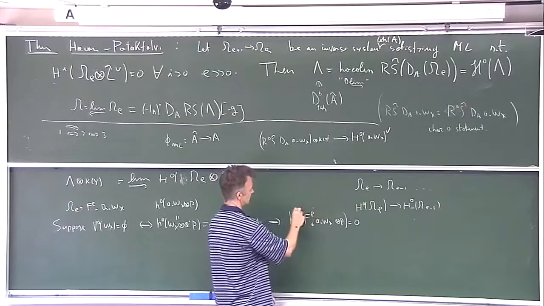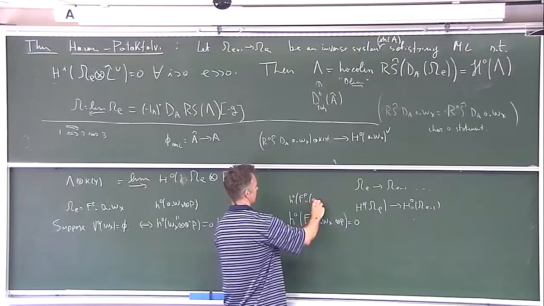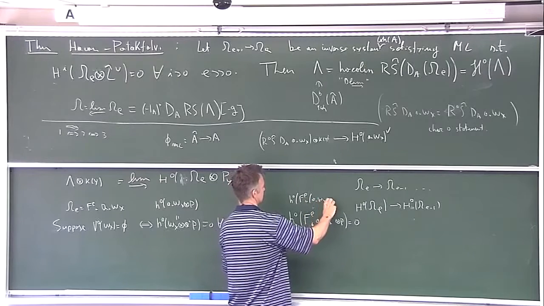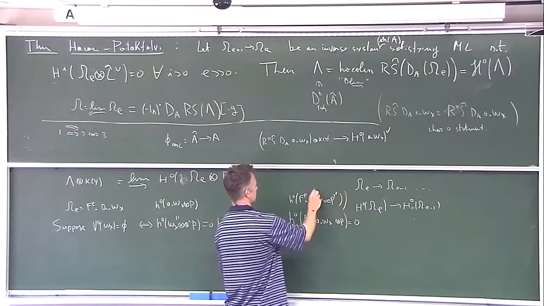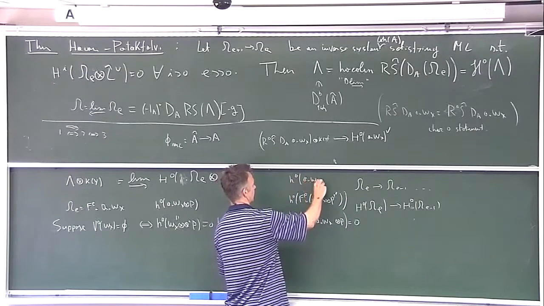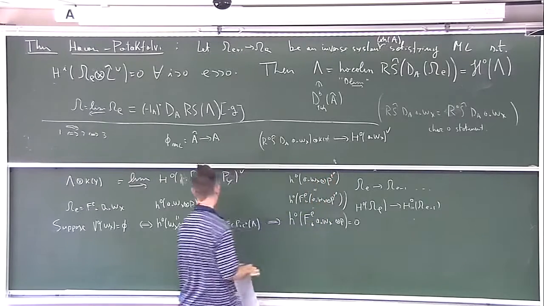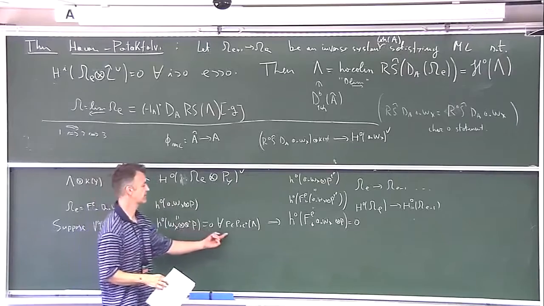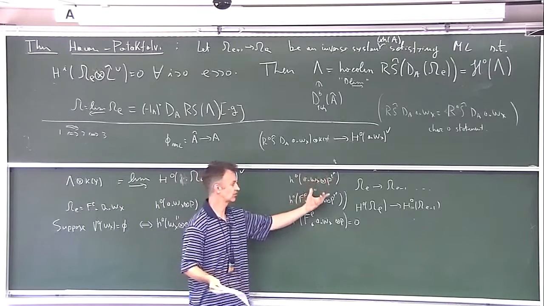Because just like in the computation before, this is the same as H0 F E lower star A lower star omega x tensor P to the E, and that's the same as H0 A lower star omega x tensor P to the E. These are 0 for every P in Pic 0 of A, and P to some power is still in Pic 0 of A. So that's still 0.